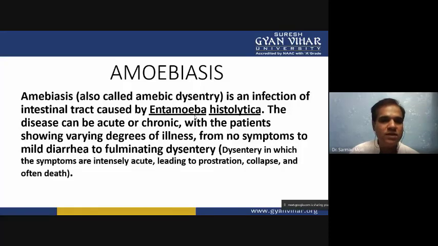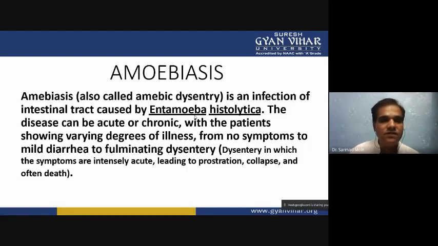Amoebiasis is also called amoebic dysentery. When Entamoeba histolytica infects a patient, a high level of dysentery will be there. It is an infection of the intestinal tract when we eat uncooked material or drink contaminated water.